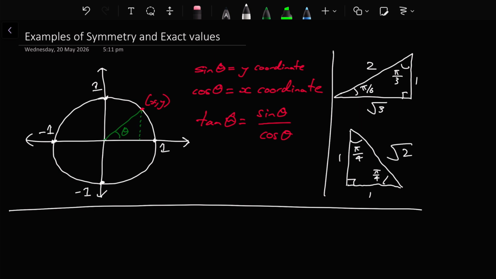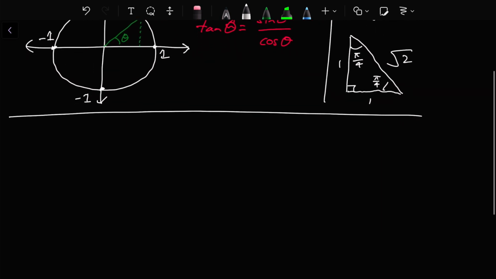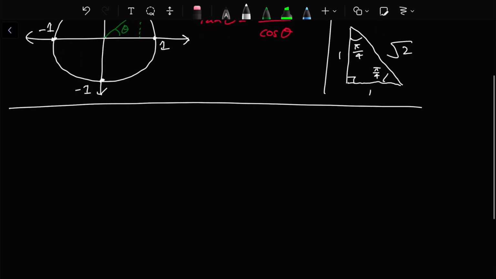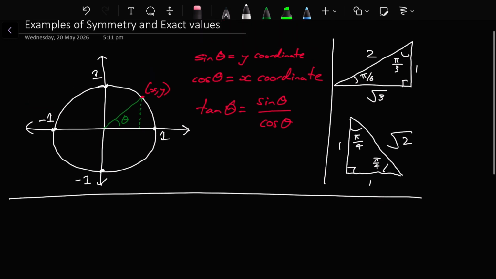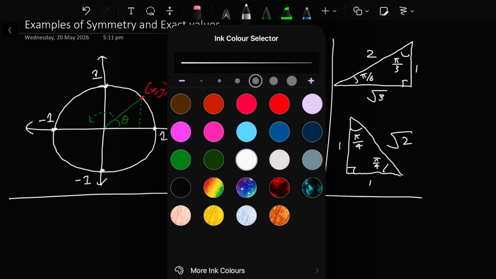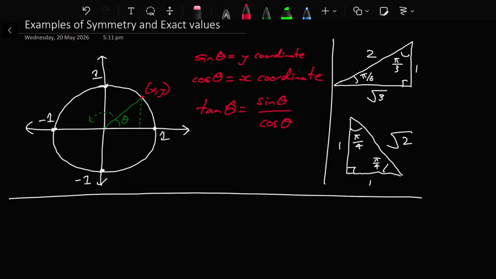So the thing that we talked about in class, or hopefully we did, was that the unit circle obeys symmetry. If I take this angle and rotate it around, I end up with congruent triangles with this angle theta inside them, which means I can use the fact that sine and cosine change whether they're positive or negative depending on the quadrant: 1, 2, 3, and 4.